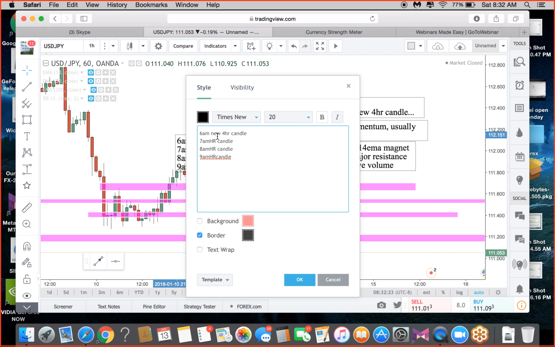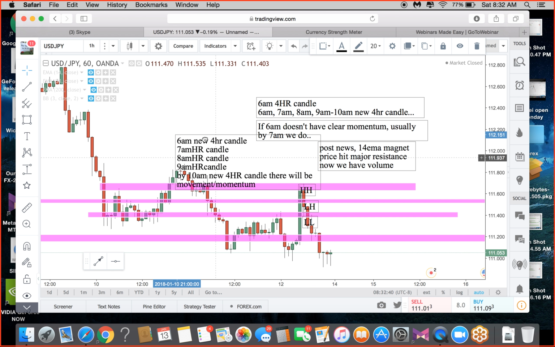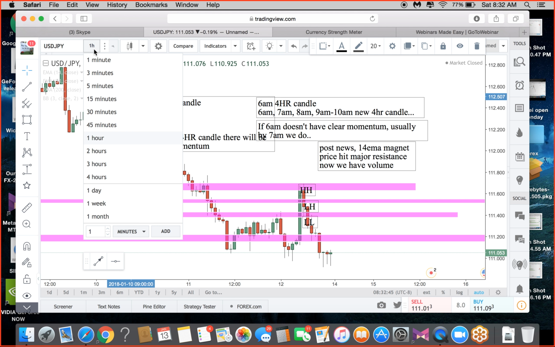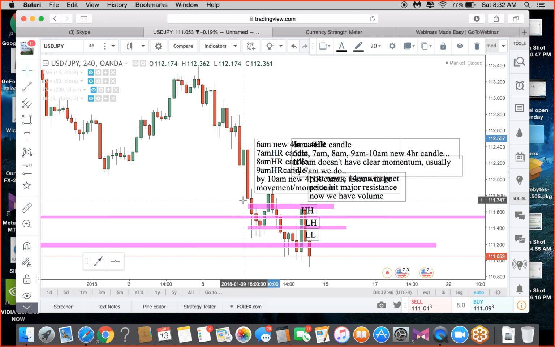If I don't have any trades in by here, by 10 a.m. new 4-hour candle, there will be movement and momentum for the most part. For the most part. So the way that looks, we'll do a little back test on the 4-hour time frame.